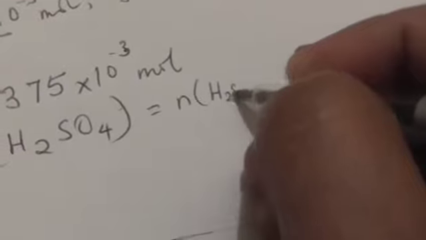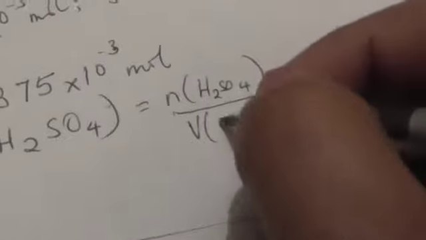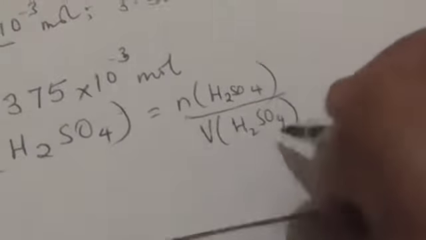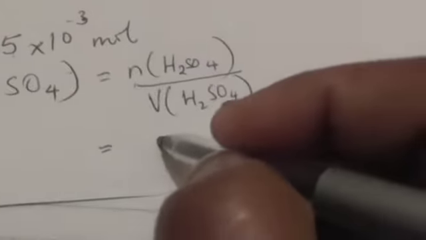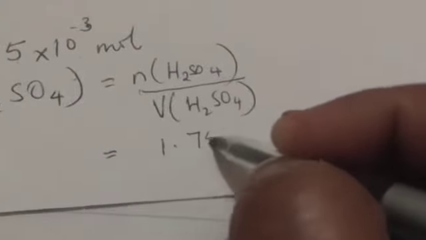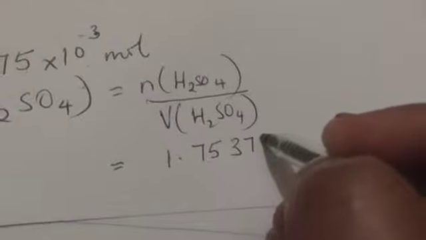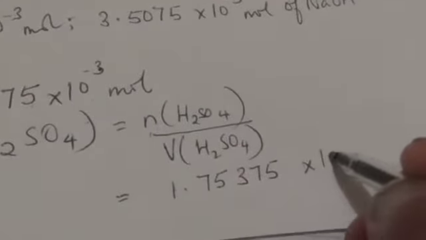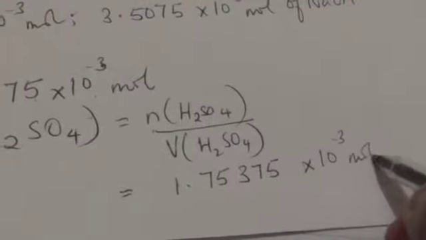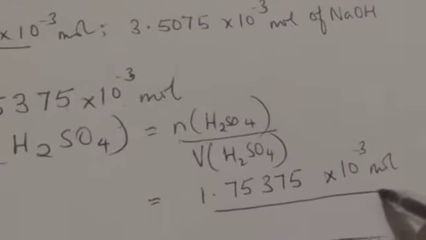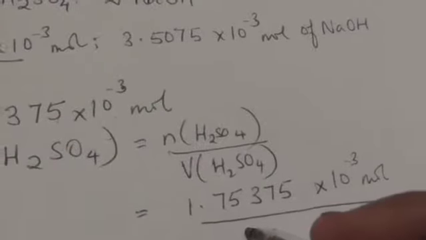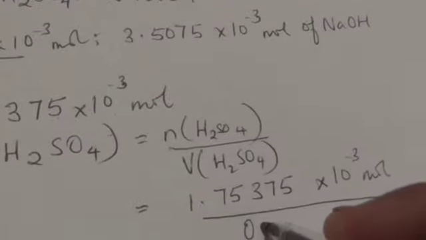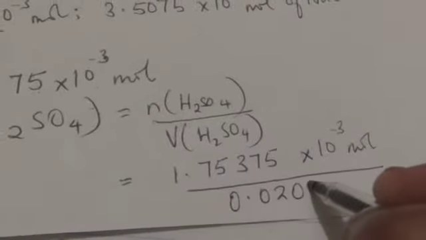So C is equal to N of sulfuric acid, which is the number of moles of sulfuric acid, divided by the volume of sulfuric acid. The values here: I copy this number, which is the number of moles, 1.75375 into 10 raised to the power of negative 3 mole, and I'm going to divide that by the volume, which was given to us, 20 milliliters, which is 0.020 liters.